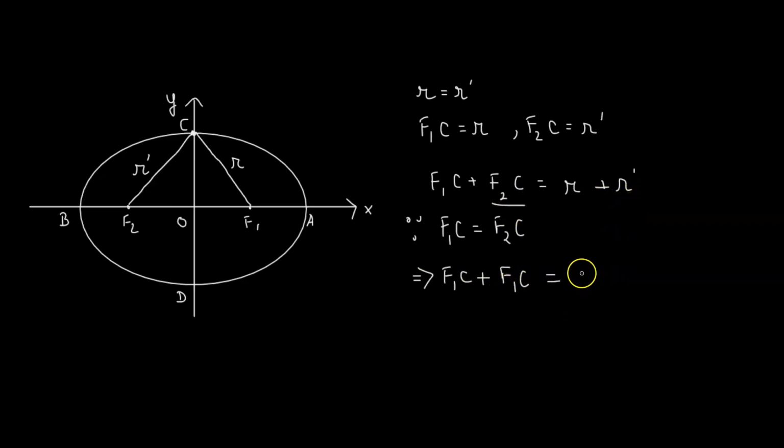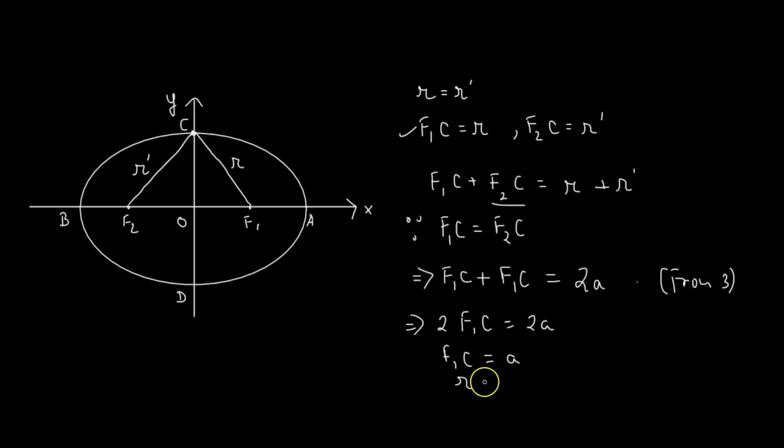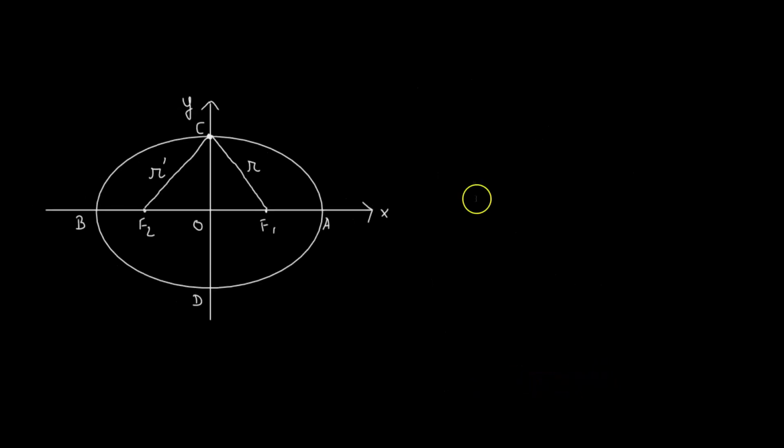And R plus R prime from equation number 3 was 2a. So we use this from equation number 3. This will be 2 times f1c, which equals 2a, and this gives us f1c equals a, and since f1c is r, the value of r is equal to a. So this is equation number 4.